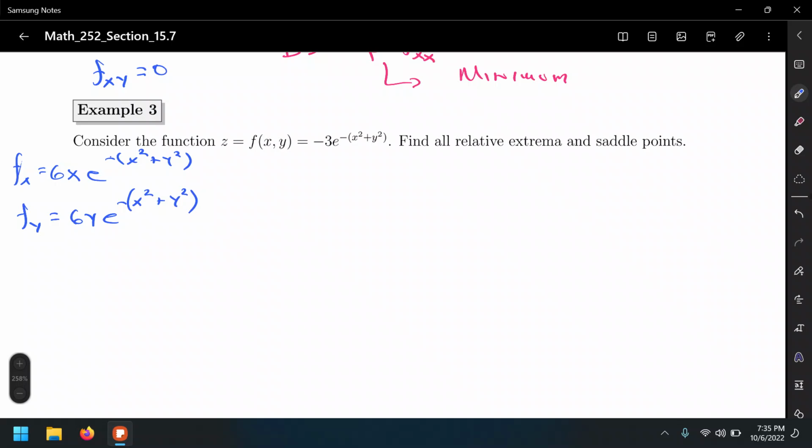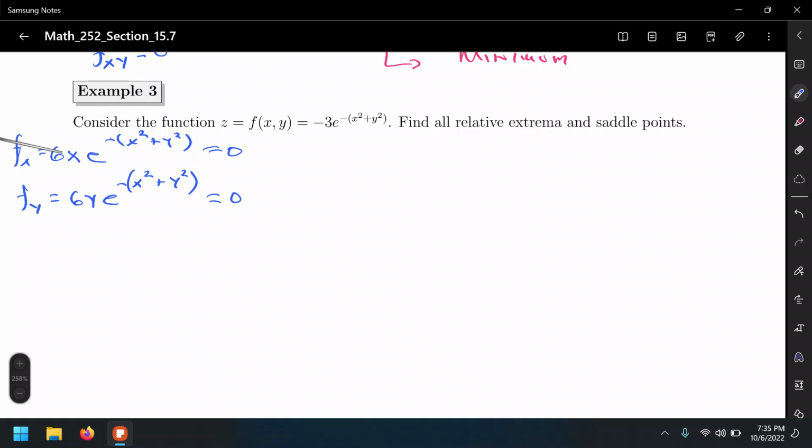All right, so from here let's set the partial derivatives equal to 0. In other words, we will set 6x e to the negative (x squared plus y squared) equal to 0, and 6y e to the negative (x squared plus y squared) equal to 0. Well, in this case, we can use the zero product property. That means this equation equals 0 if, for the first case, either 6x or e to the negative (x squared plus y squared) is equal to 0.